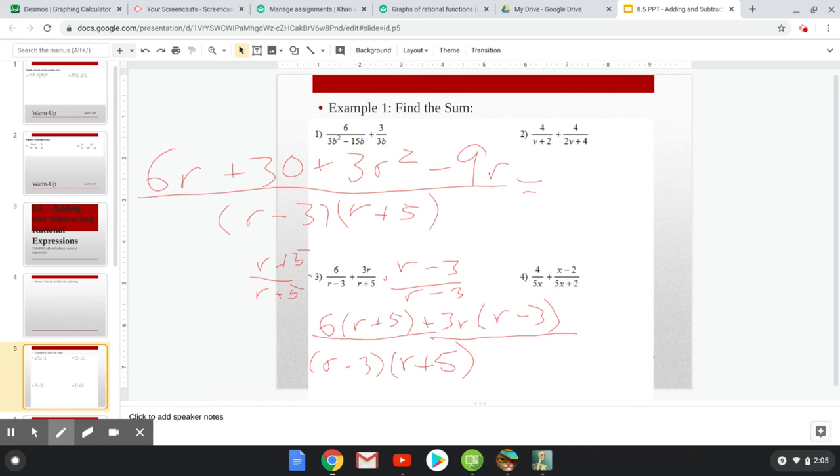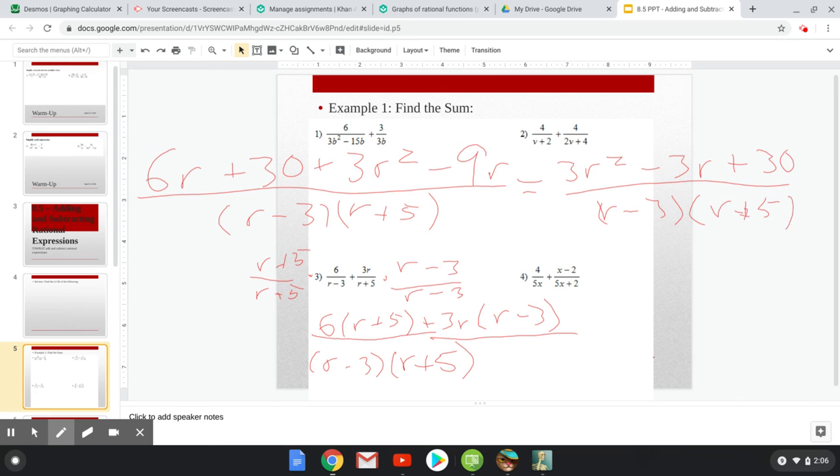So we just need to combine like terms in the numerator. So 3r squared, and then we have 6r minus 9r is negative 3r plus 30. And then we have r minus 3 and r plus 5.